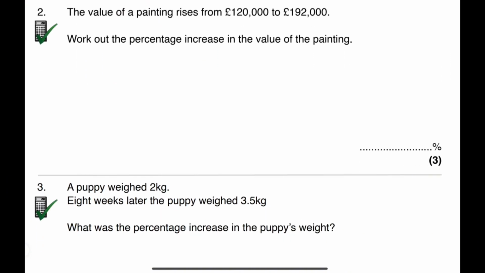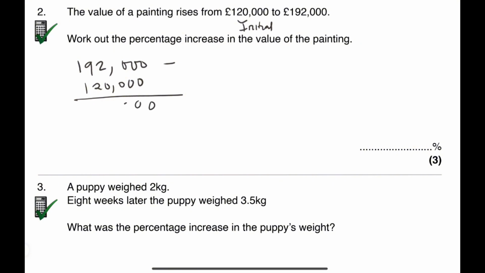Question 2. The value of a painting rises from 120,000 to 192,000 pounds. So like I said, this will be our initial. So first we find the difference. So 192,000 minus 120,000 is 72,000.